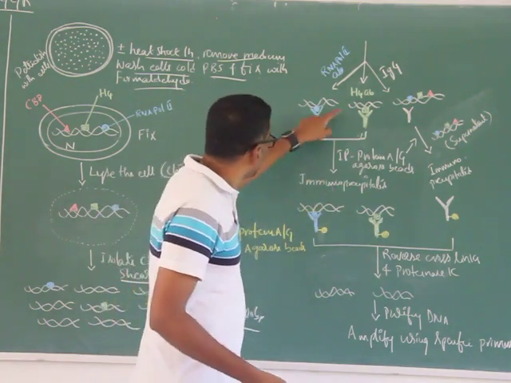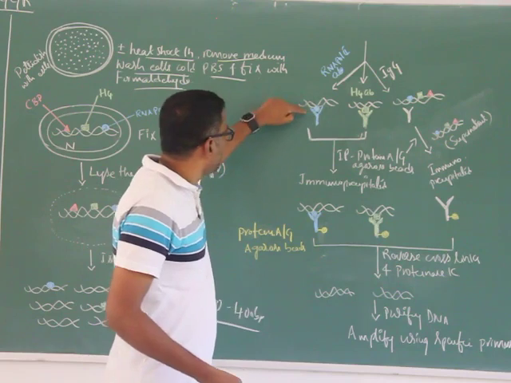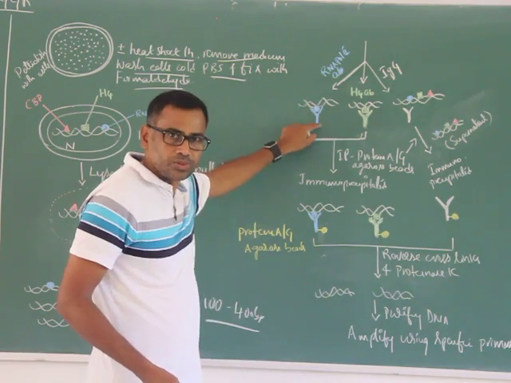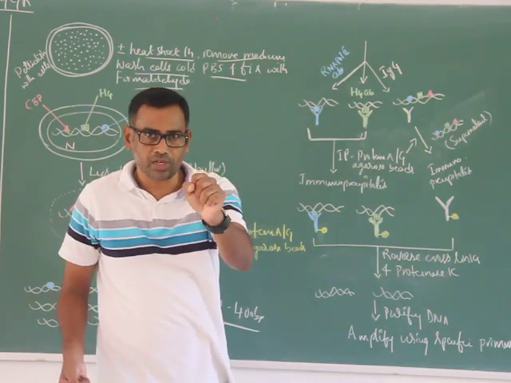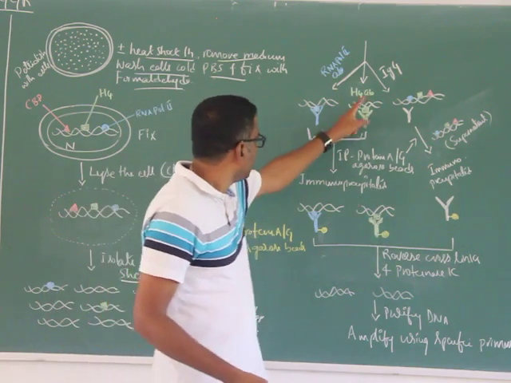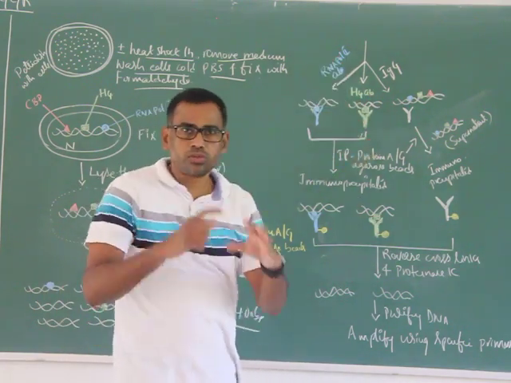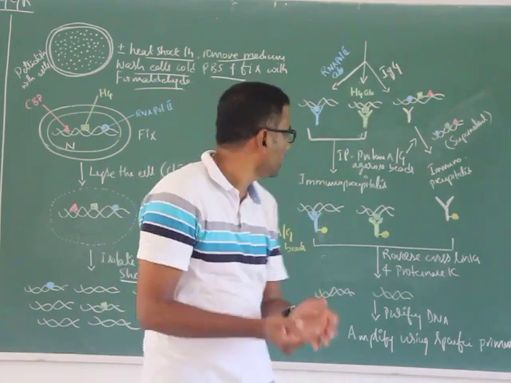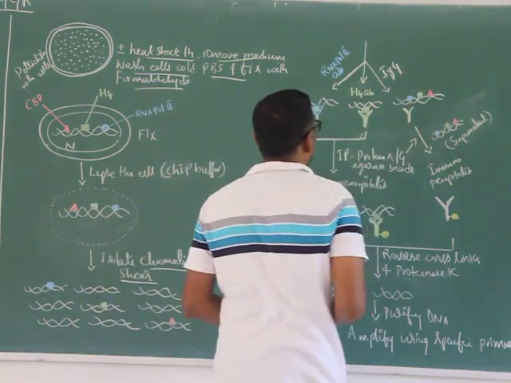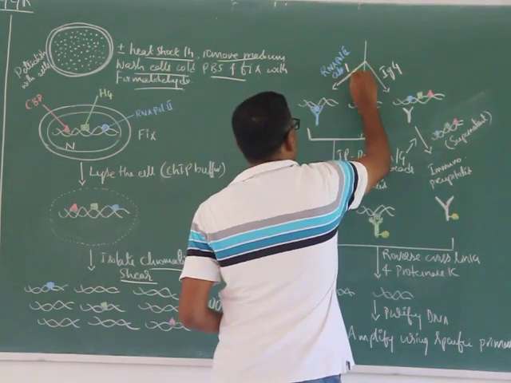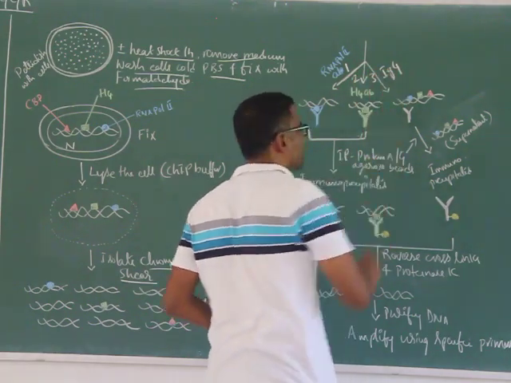Whatever fragments have RNA polymerase II will bind to the RNA polymerase antibody. Again, whatever DNA fragments contain H4 will bind to the H4 antibody. In the third test tube, you add IgG as a control.